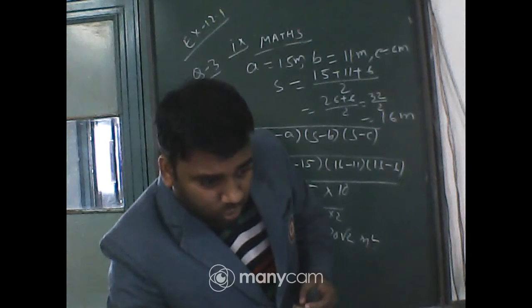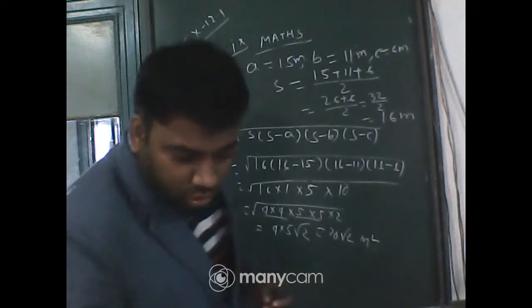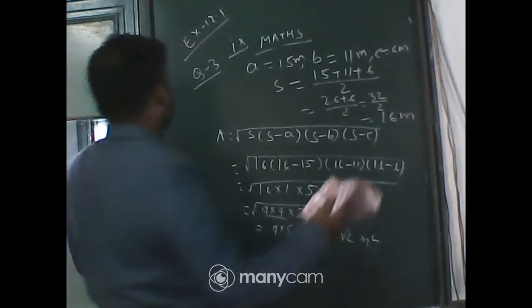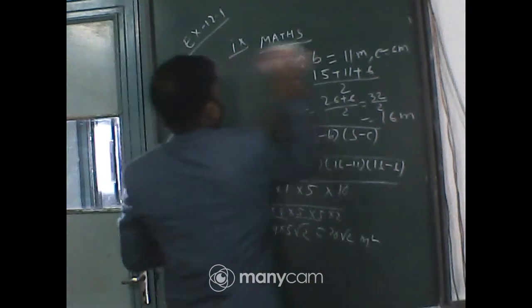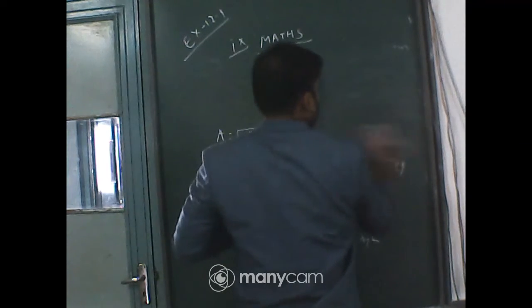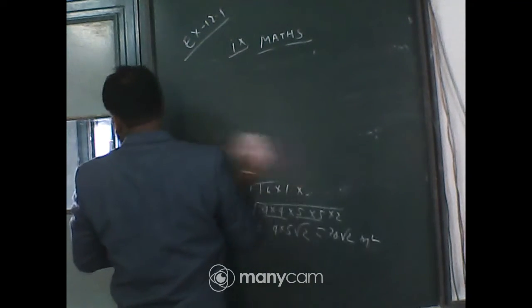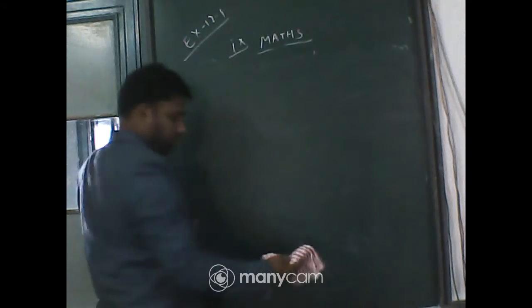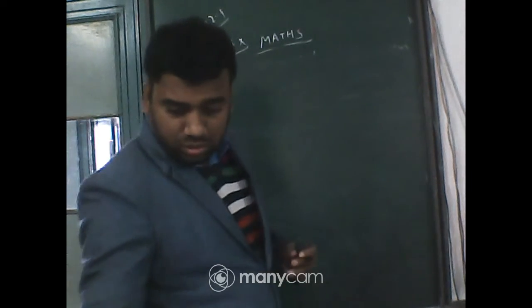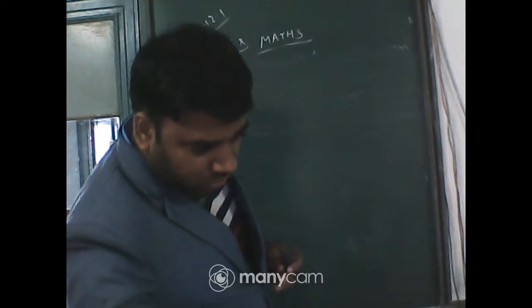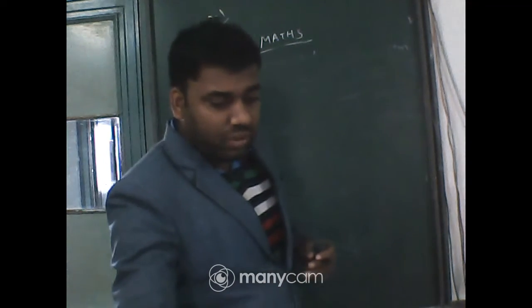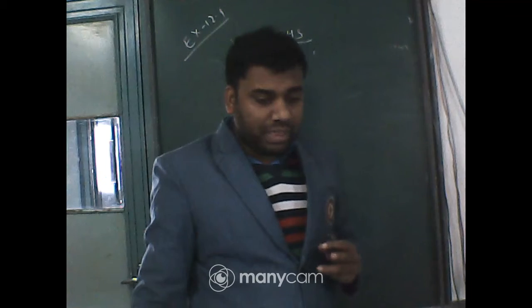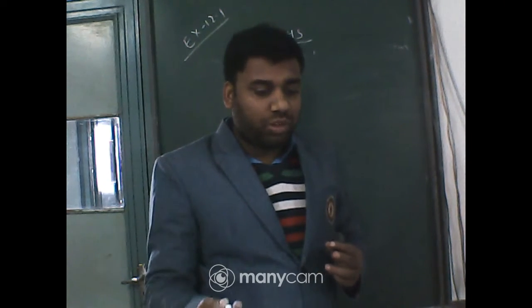So question number 4. Go to question number 4. Find the area of the triangle whose two sides are 18 centimeter and 10 centimeter and perimeter is 42 centimeters.